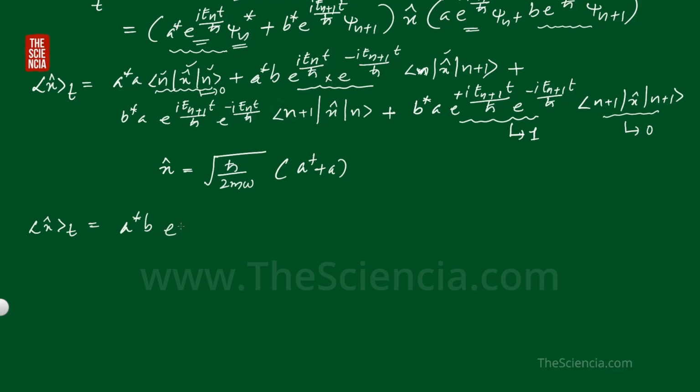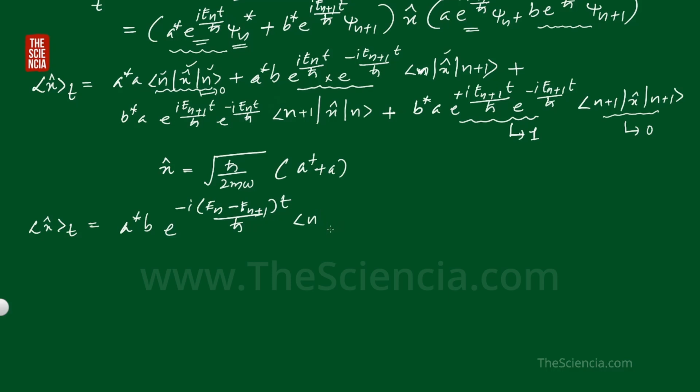and here we can multiply this term, so we get e^(-i(E_n - E_(n+1))t/ħ), and this is bra n x cap ket n+1.